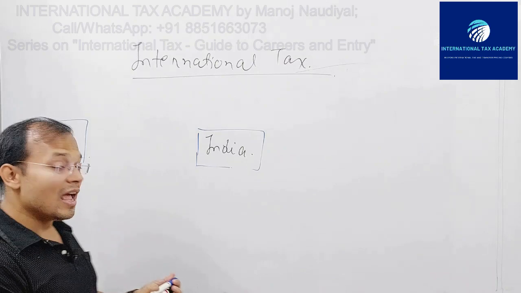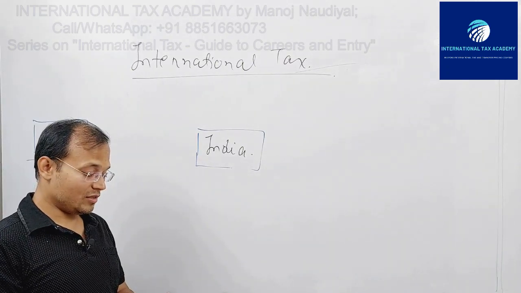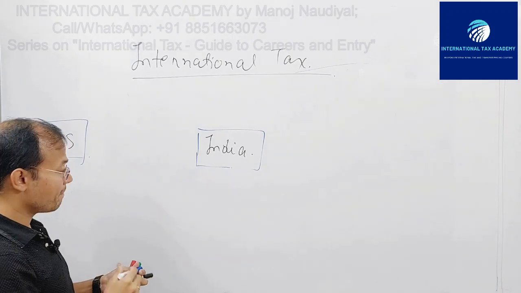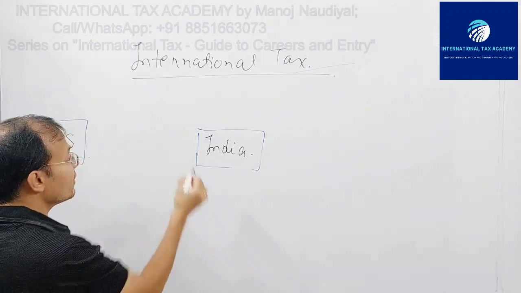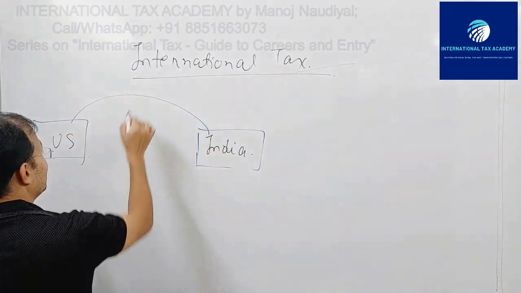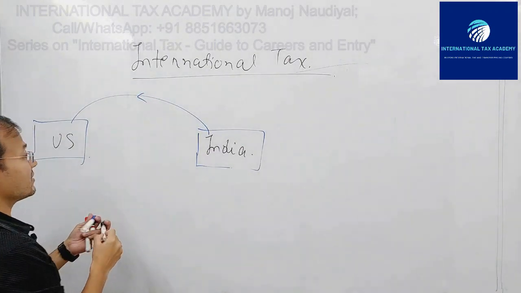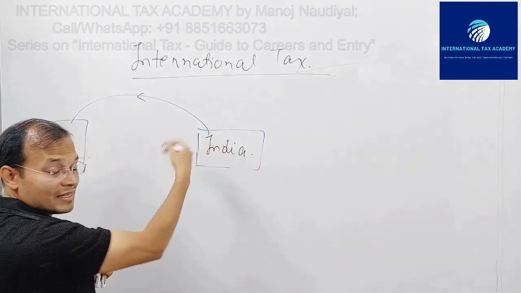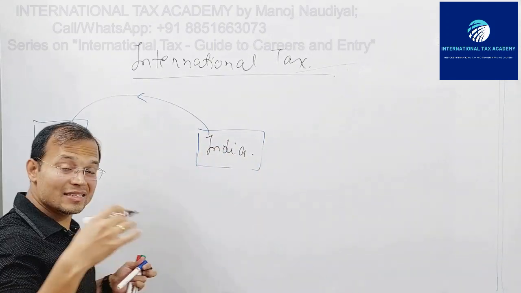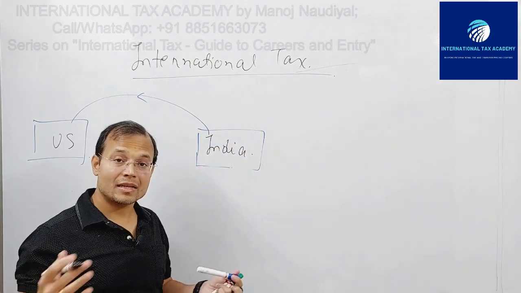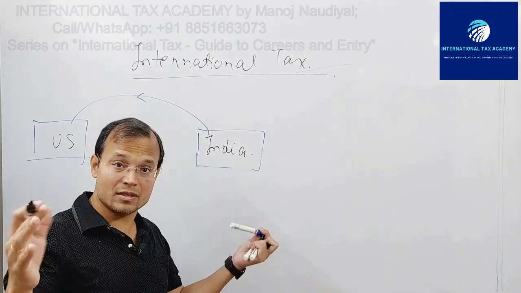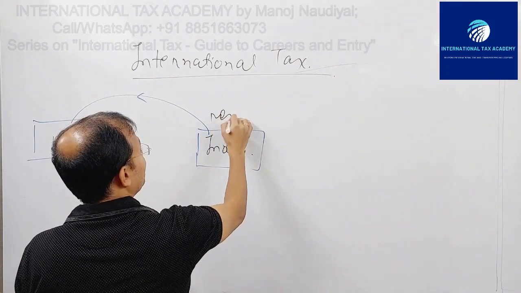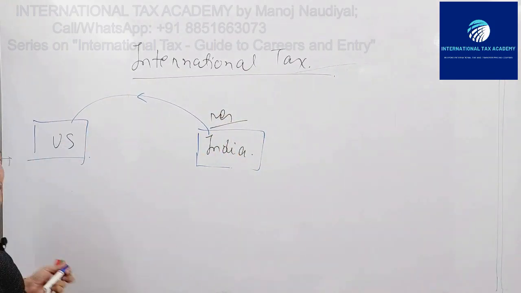You would find that Indian investors, Indian residents, wanting to invest in the US. These residents can be natural persons, can even be legal persons, for example companies. So they are residents here and they are investing in the US.